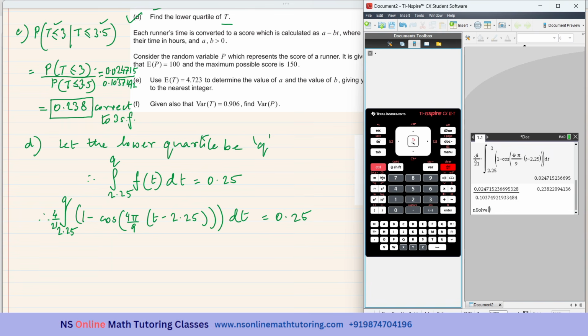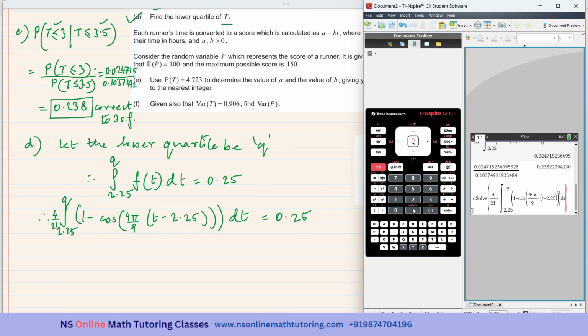Yeah, so this is the expression, and this will be Q. And okay, fine, dt equal to 0.25. And then we have to declare the variable. So it is comma and then Q. And enter.